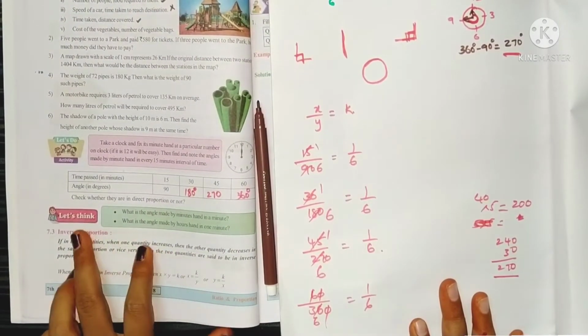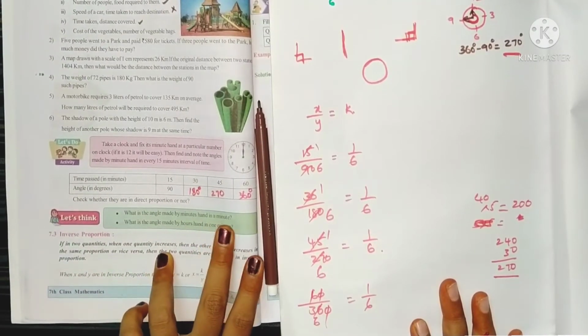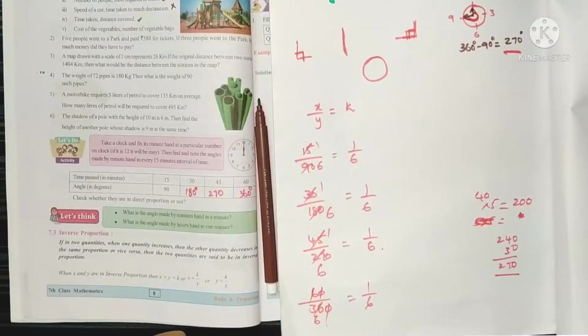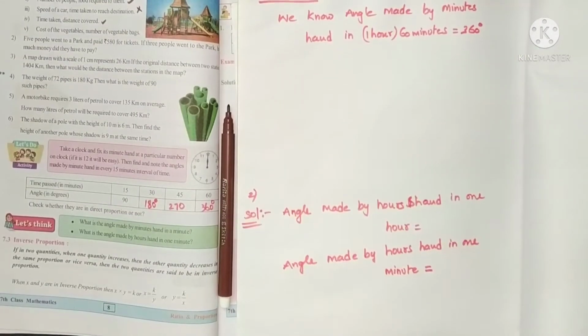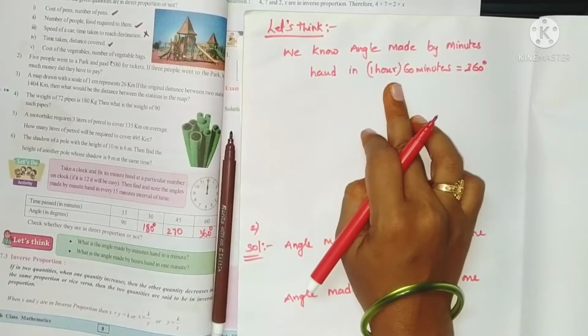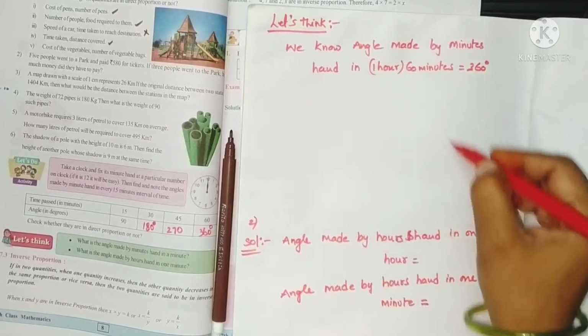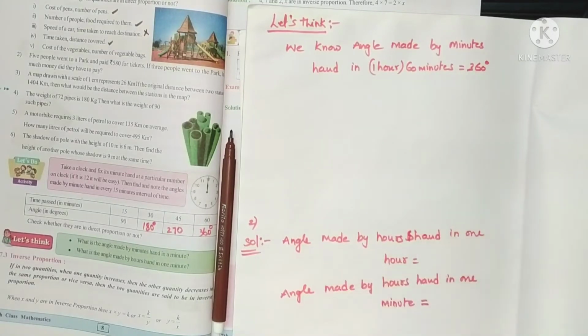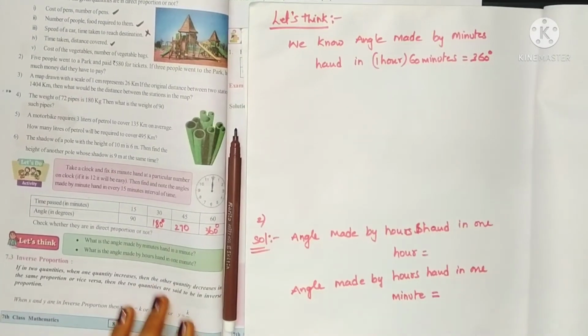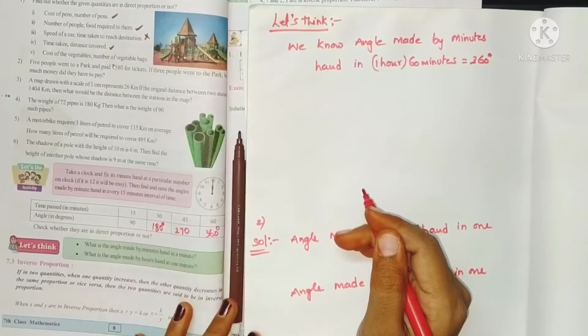Now let's think: what is the angle made by the minute hand in a minute? We already know the angle made by the minute hand in 1 hour, that is 60 minutes: in 60 minutes it is 360. So a complete round means 360 degrees, right? Here we want to find the angle made by the minute hand in a minute.